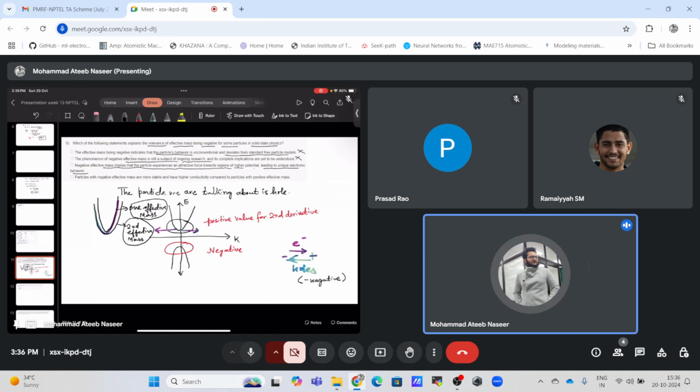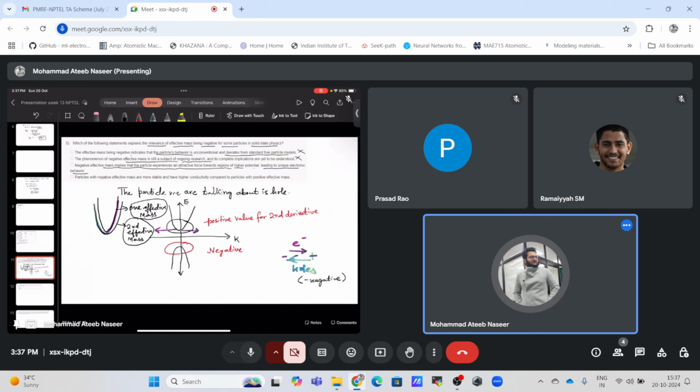This is all because we are fitting a parabola. This is an approximation that we are using: the parabolic approximation for the energy band minima, that is the CBM, and for the valence band maxima. Since the curvature is different in two different directions, we get different effective masses, and because of different effective masses in two different directions, we get different electron transport and hole transport as well.